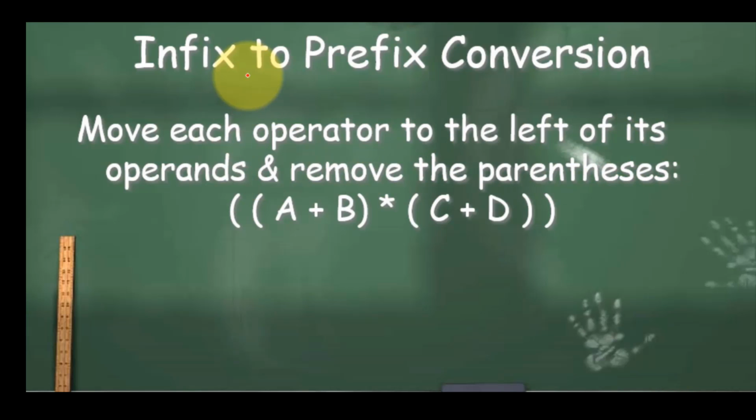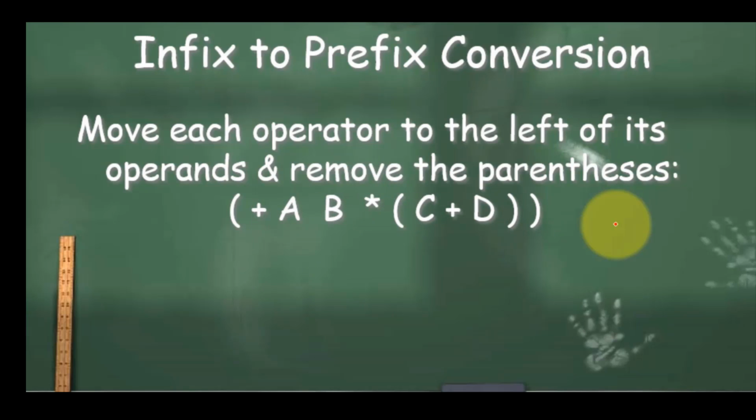In the infix to prefix conversion, the technique is you remove the operators, like this, and then the parentheses last. So we move the plus sign to the left side of this one. So this becomes now plus AB.